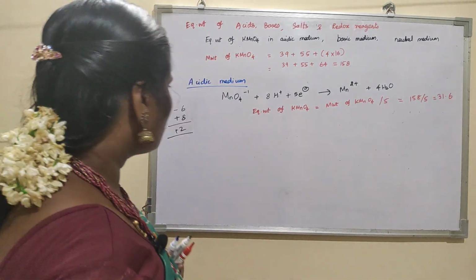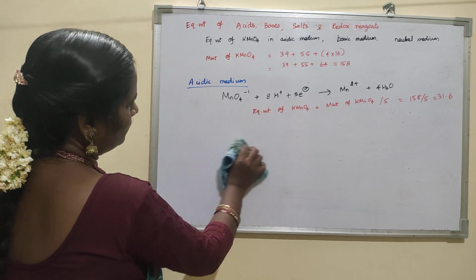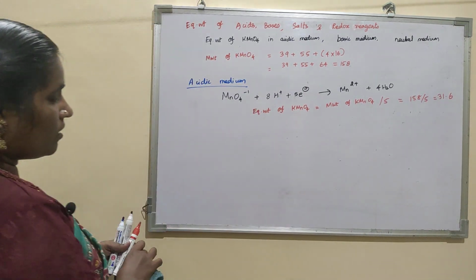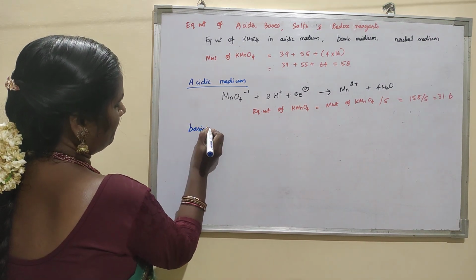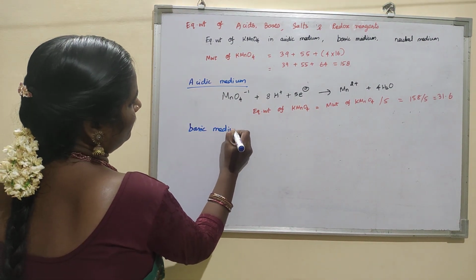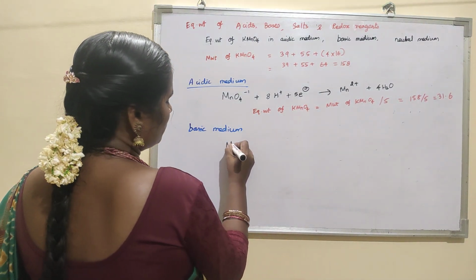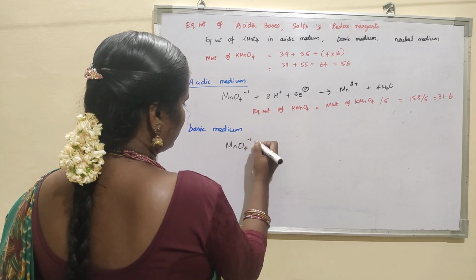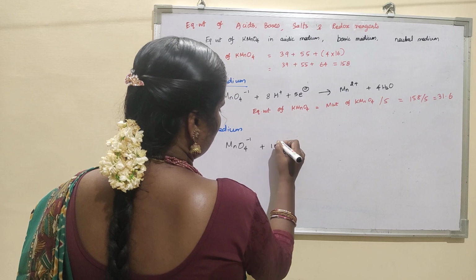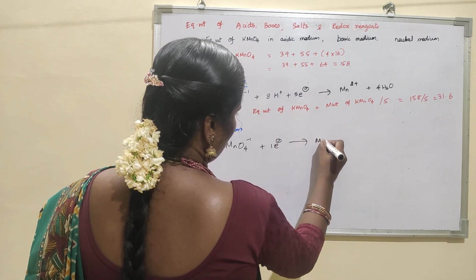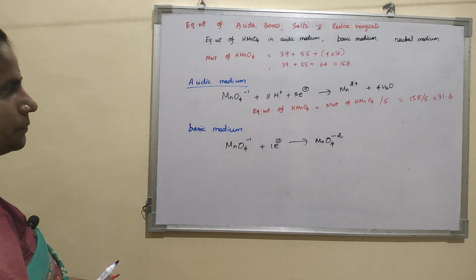Okay. Now let's see in the strong basic medium. In basic medium, MnO4 minus takes up one electron minus, it becomes MnO4 2 minus.